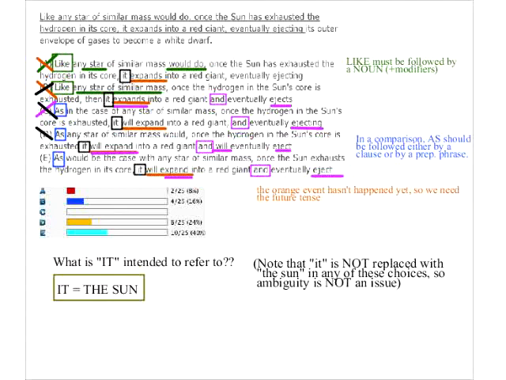Can anybody summarize quickly why? Okay, so some people are trying to actually assign that it to other nouns in B, C, and D. You don't want to do that because it's a waste of your time. We know that it is the sun.